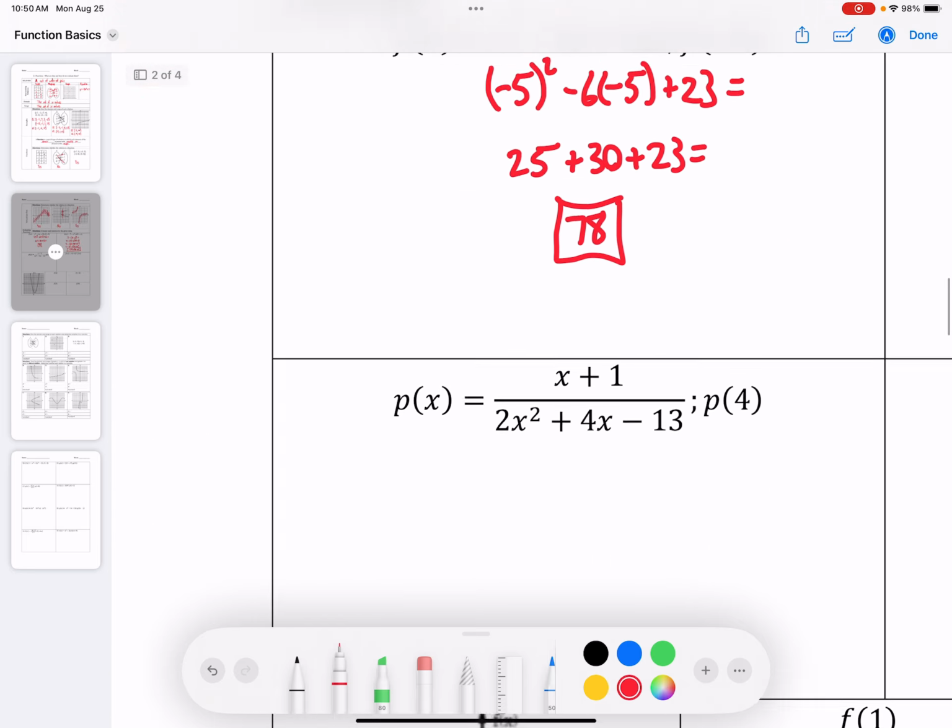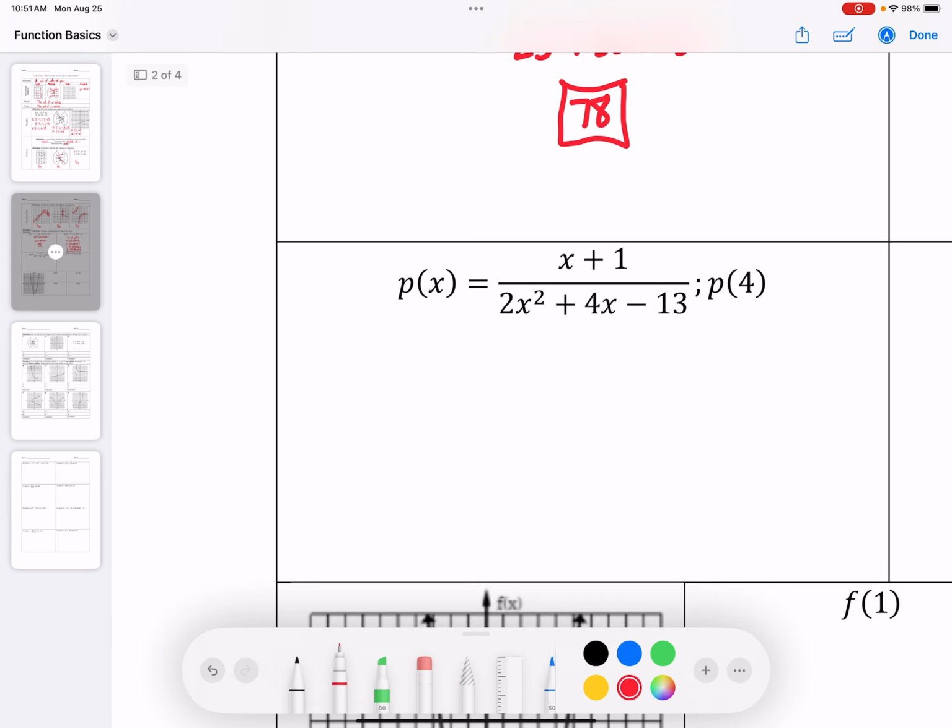Okay. So next one we're going to do is this one. So we're going to plug in 4. So we're going to get 4 plus 1 over 2 times 4 squared plus 4 times 4 minus 13. So we're going to do 4 plus 1, which is 5, over.